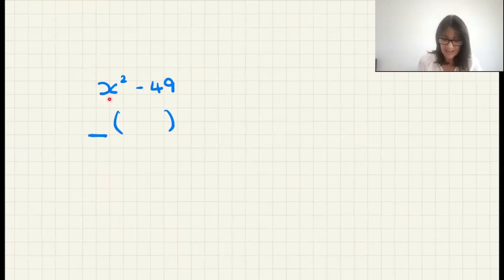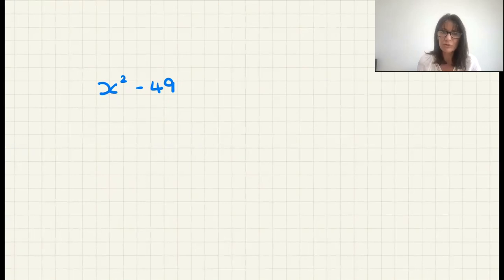So I've got an x here, but there isn't an x here, so that's not common. I've got a number here, but I haven't got a number here, so I can't pull any common factors out of numbers. So actually, I can't do anything with this particular expression in order to get it into a single bracket. And this is the exception to my rule.